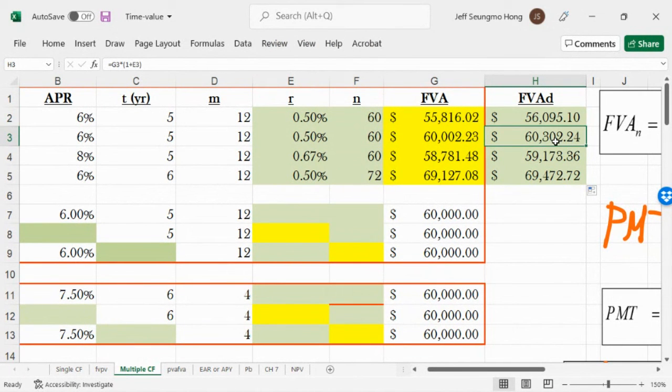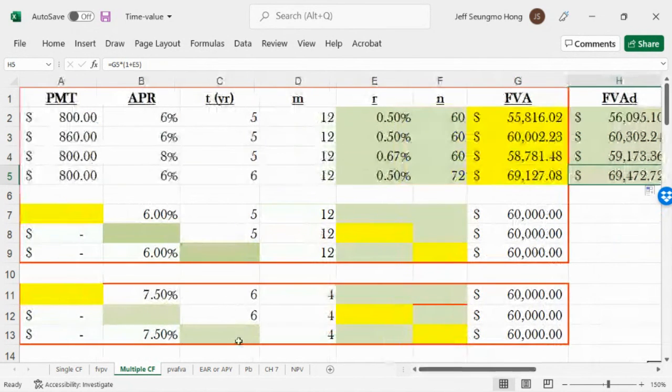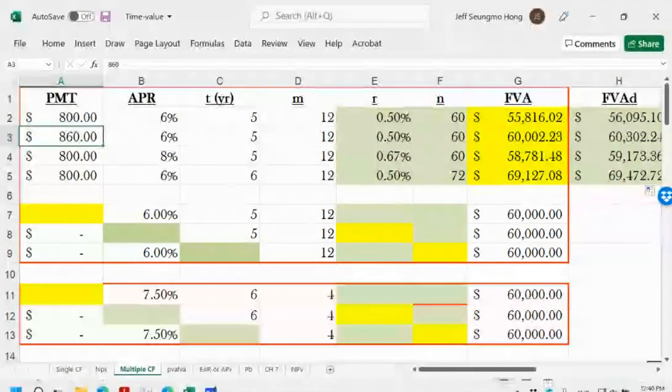It's better, but we have not yet met our goal. We're still like $800 short. If we extend it to 6 years, we'll have plenty of money to fund it either way. So next, we're going to figure out how to nail the exact payment, but we're out of time already.